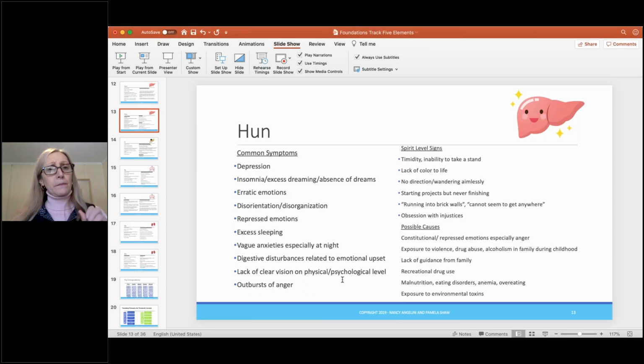So Hun, common symptoms: depression, insomnia, with either incredible dreams, like dreaming in technicolor, sometimes disturbing, or complete absence of dreams. So you can tell which one's excess and which one's deficiency, right?